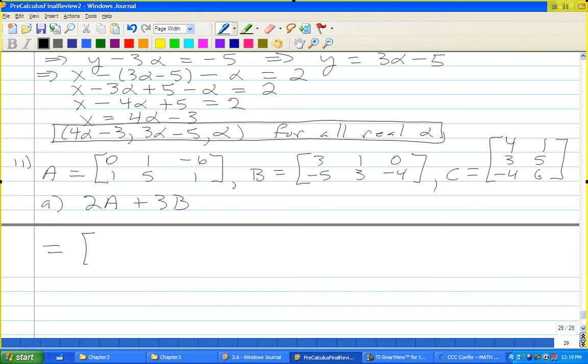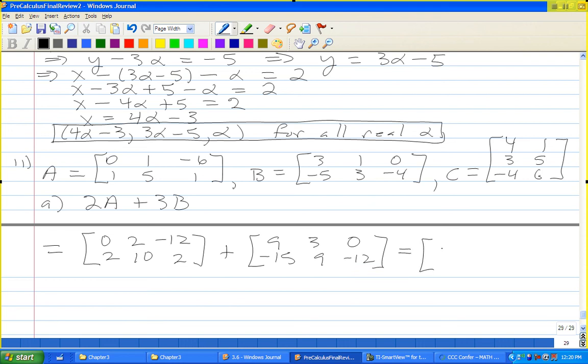So 2A: 0, 2, minus 12, 2, 10, 2. 3B: 9, 3, 0, negative 15, 9, negative 12.